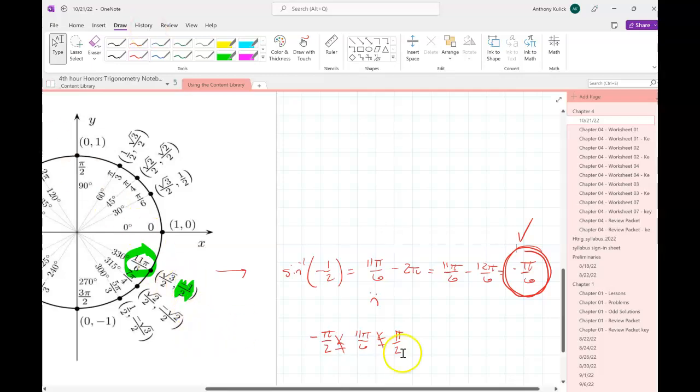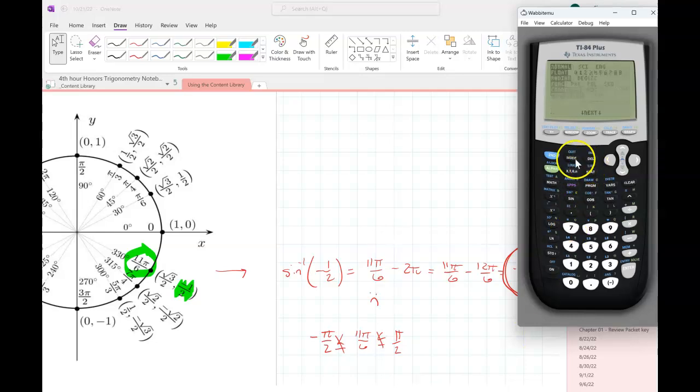Notice if I went to my calculator and I was in radian mode, if I do sine inverse of -1/2, I get that decimal, which is the same thing as -pi over 6.